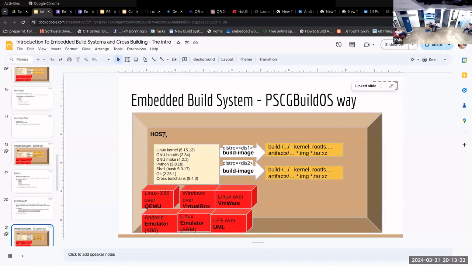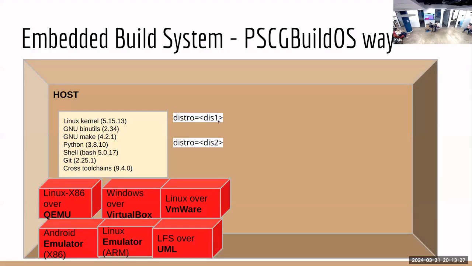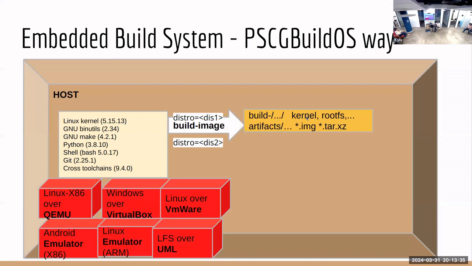I apologize a bit about this one. So for this, we need to configure environment variables, and then we're just going to call a script called build image, and it will create all kinds of what I call build artifacts. It will be an image that you can put on a USB or attach to QEMU and flash it.